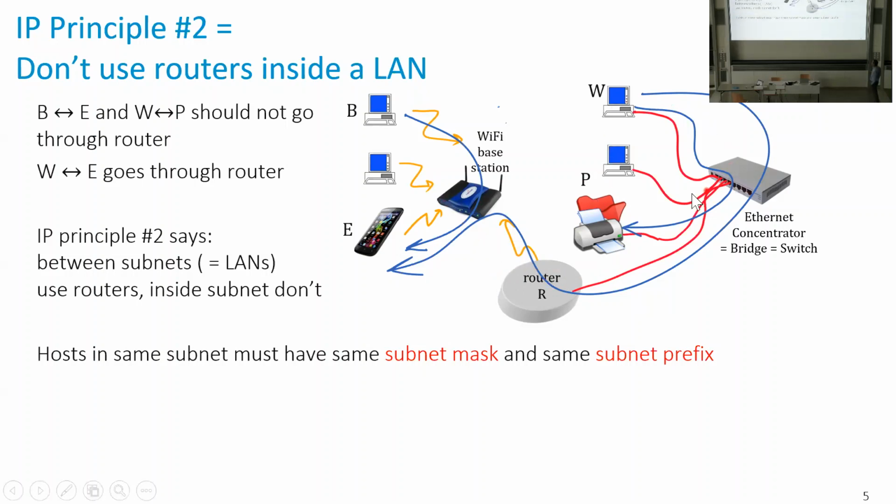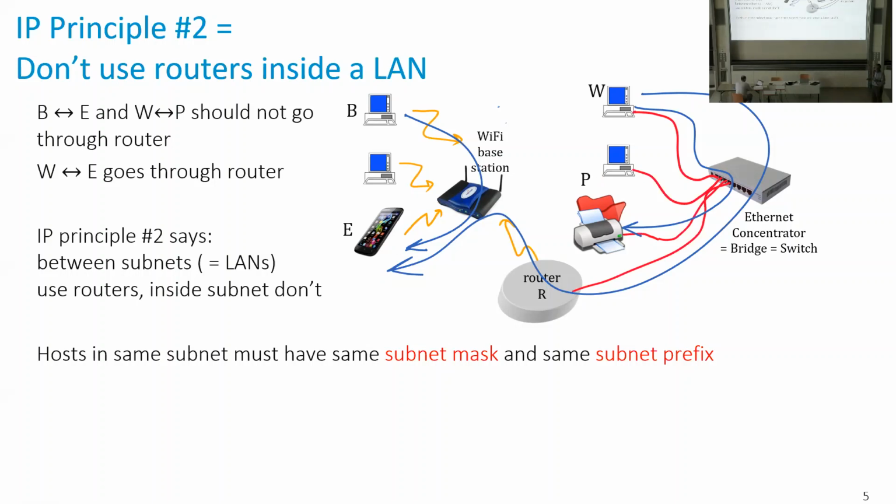But if W talks to P directly, don't use a router. This is why we need subnet masks that we have seen last week. When W sends a packet to P, it needs to know whether P is in the same subnet or not.